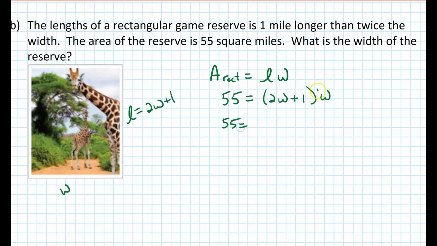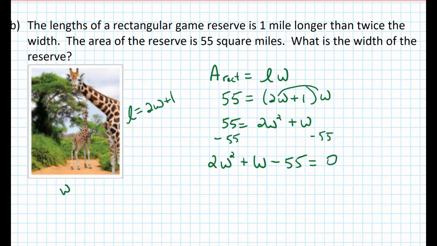So 55 is 2w squared plus w. And again, I want it to equal 0, so I'm going to subtract the 55 from both sides. And we end up with 2w squared plus w minus 55 equals 0.